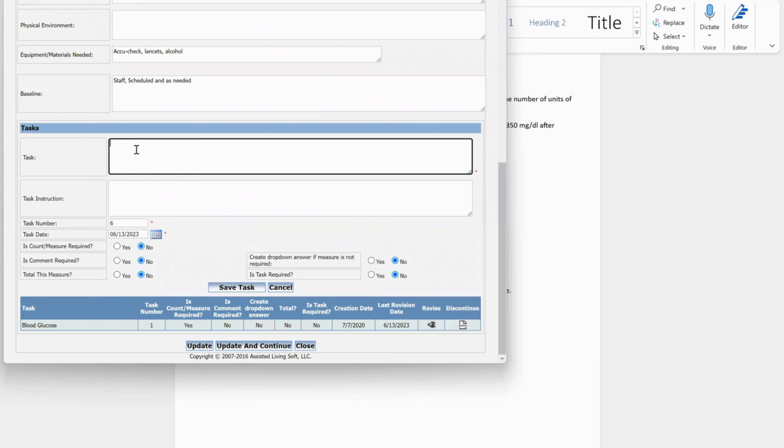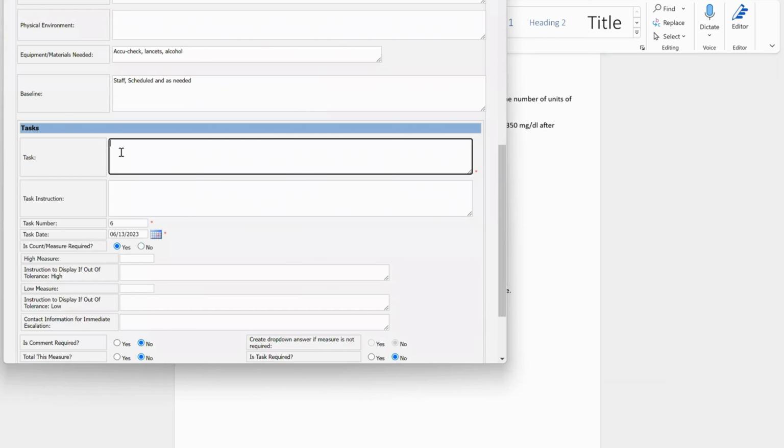Next, I am going to add a new service that's going to require a count. And it's going to say if insulin is to be given, number of units. Maybe that's a number of units to be given.